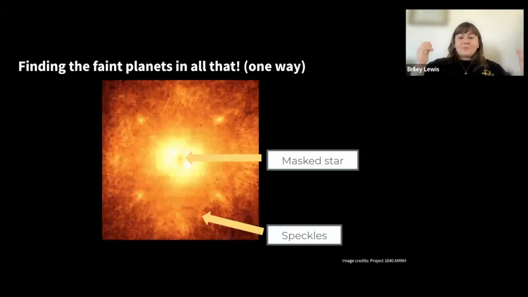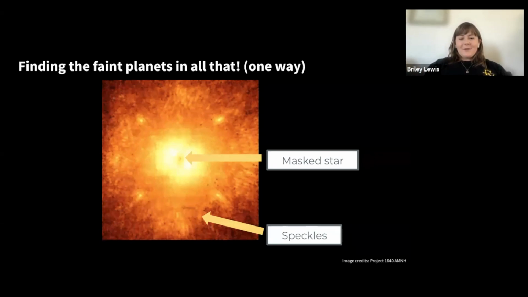And so that's actually one of the ways that we can differentiate what is just a little dot of noise and what is a planet. This is called spectral differential imaging. There's a couple different ways that we can find faint planets in our data reductions besides this, but I'm not going to go into them right now. If you're curious, we can talk about that later.